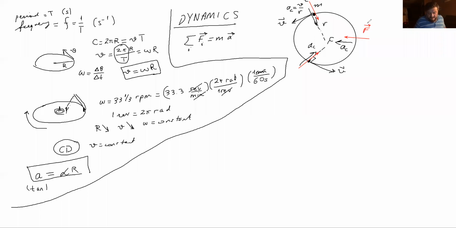If we're talking about race cars on a racetrack, then this will be a combination of friction forces between the tires and the road and also the normal force. Okay, I'm going to go through a couple of examples, but these forces will add up to give a net force right there. This is by definition the net force, F net, the vector sum of all forces. That will be equal to mass times acceleration, right?